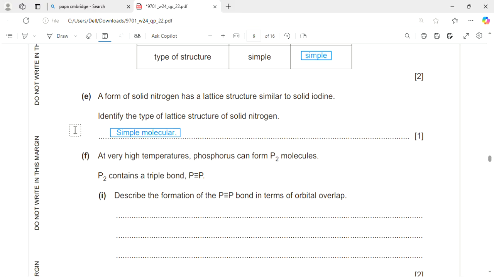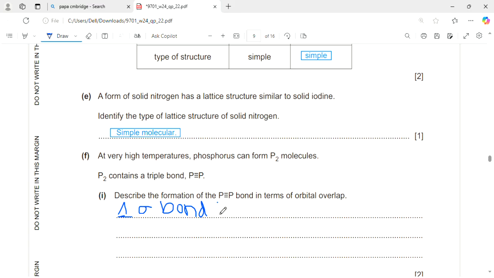I think one sigma bond, formed by overlap.